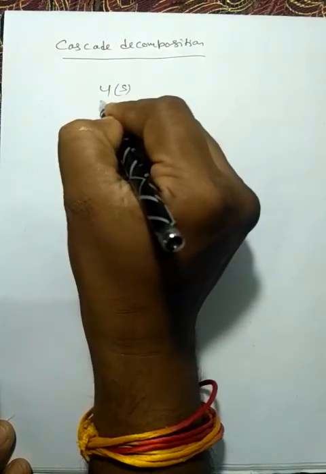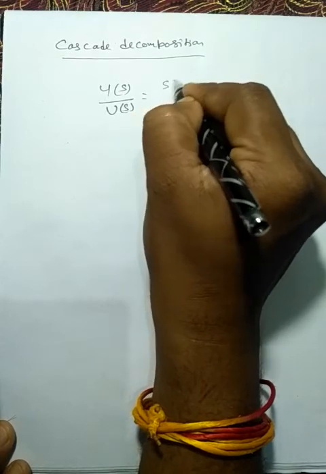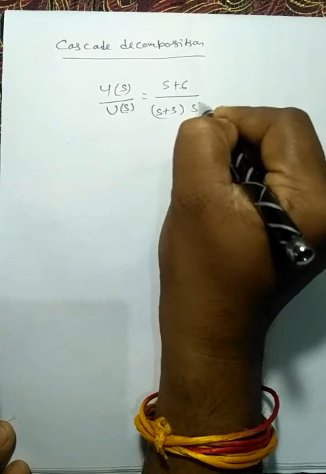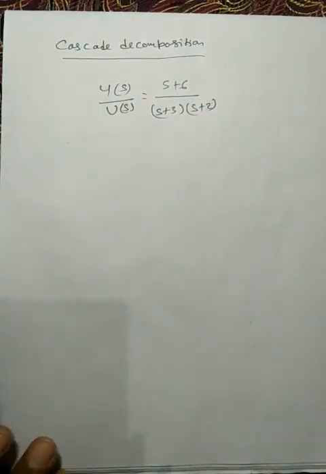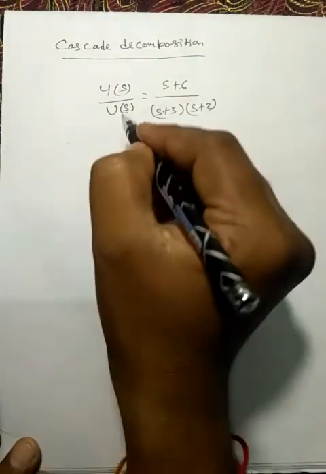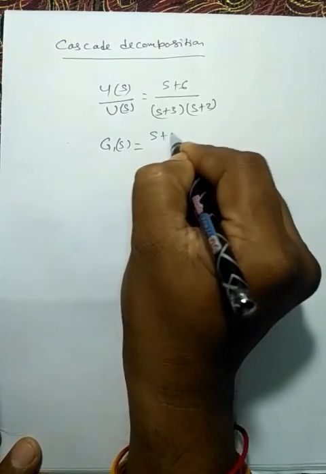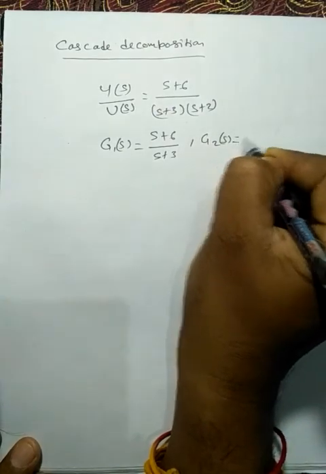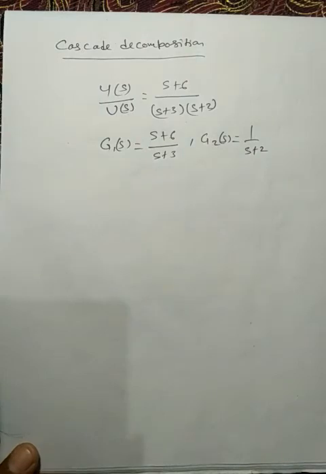Ys divided by Us is equal to s plus 6 divided by s plus 3 and s plus 2, right? First I am taking G1s as s plus 6 by s plus 3 and G2s as 1 over s plus 2 for cascade decomposition.